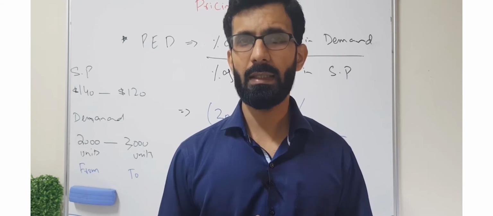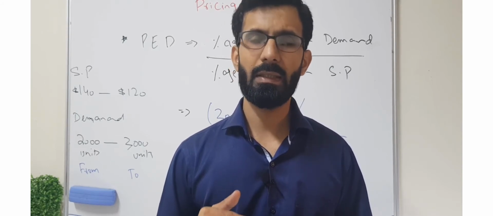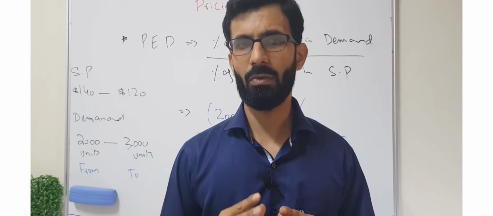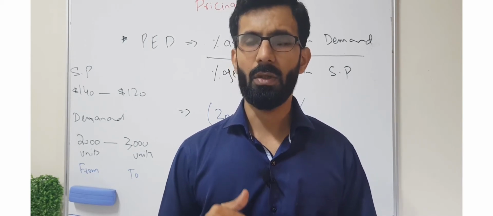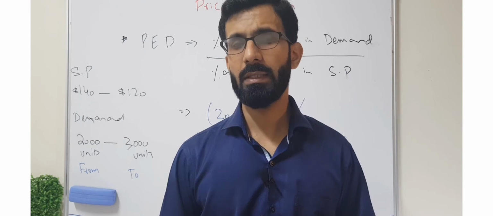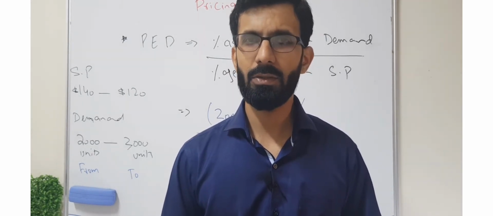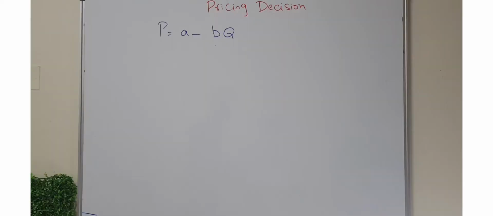So using the assumption that price and demand move in a constant proportion, the change in price and demand will always remain constant. So we will be able to establish a relationship which will then help us to determine the optimal selling price using the marginal revenue.